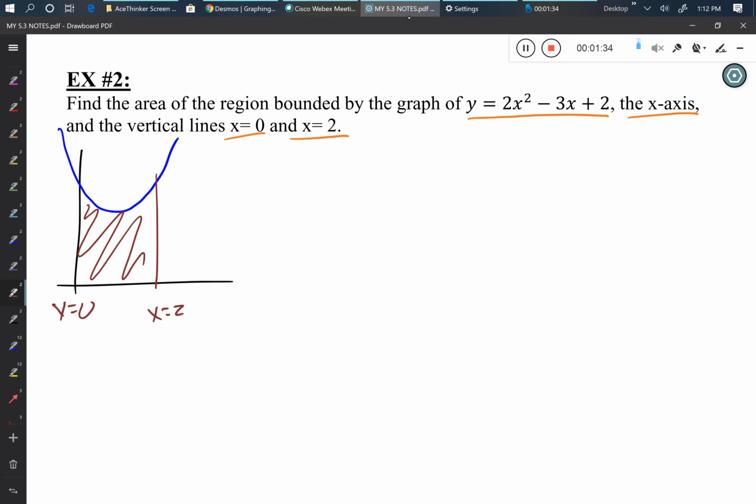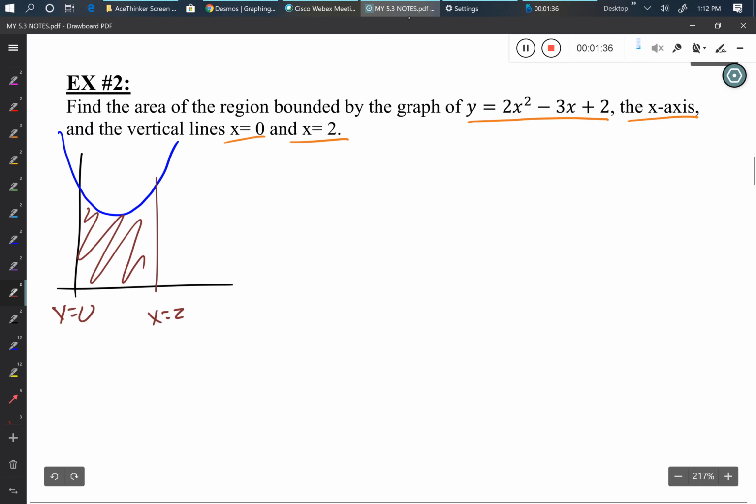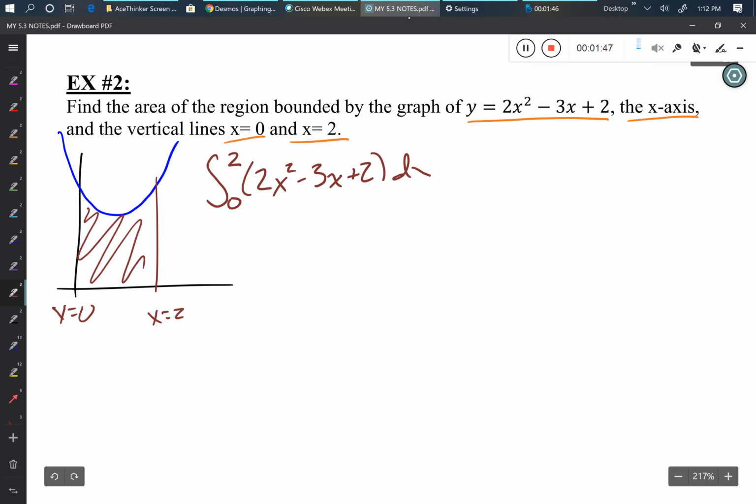If that's the bounded region, then we're looking at a definite integral from 0 to 2 of 2x squared minus 3x plus 2 dx.